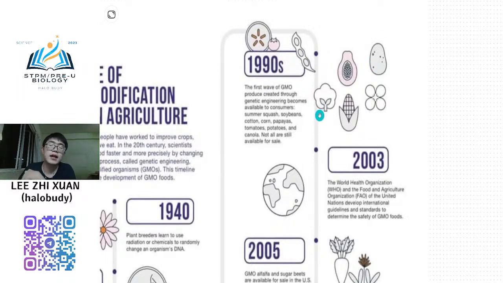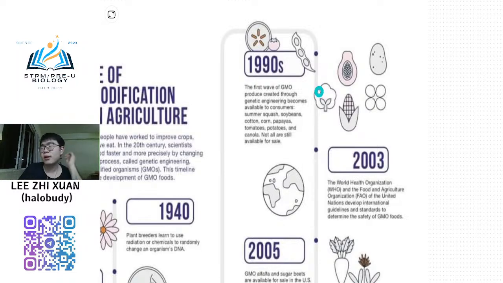Some are still under research. In Malaysia, due to ethical issues, we cannot see GMO products in the market. The food scientists at KKM will not approve GMO in Malaysia. It will definitely not be approved, because Malaysia has ethical issues, political issues, religion and so on. So Malaysia does not allow GMO products in the market.